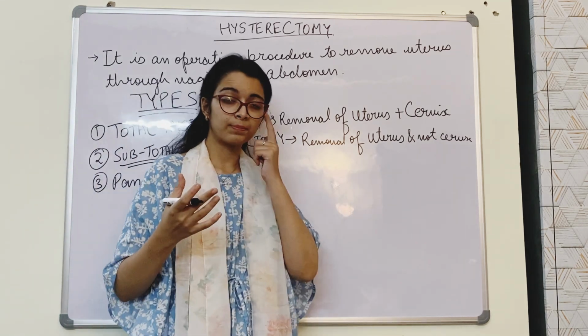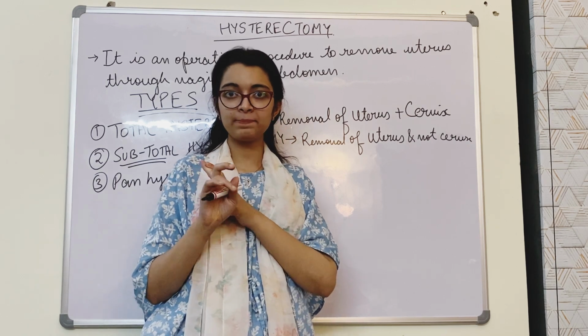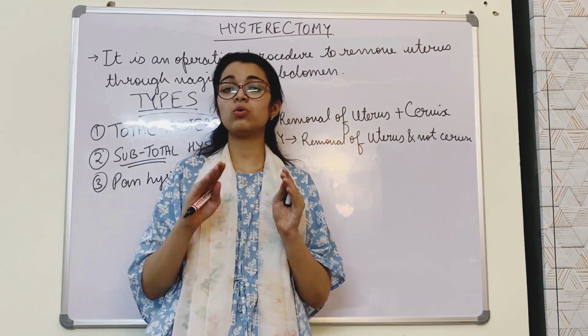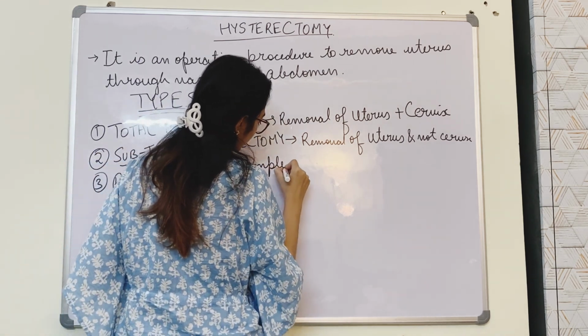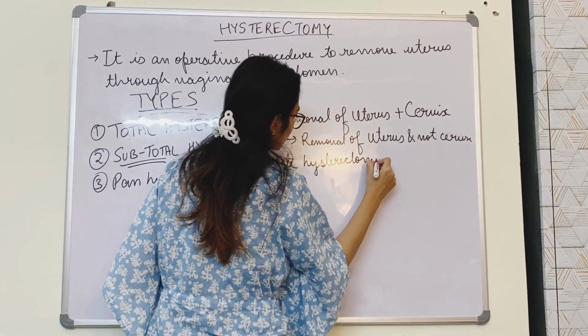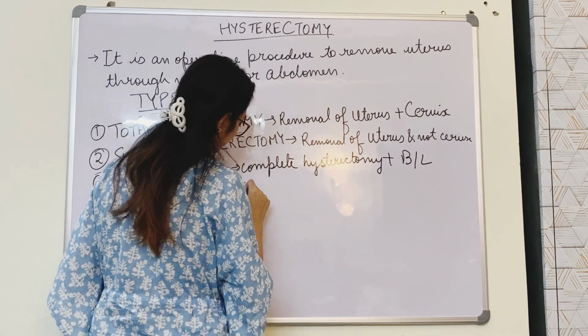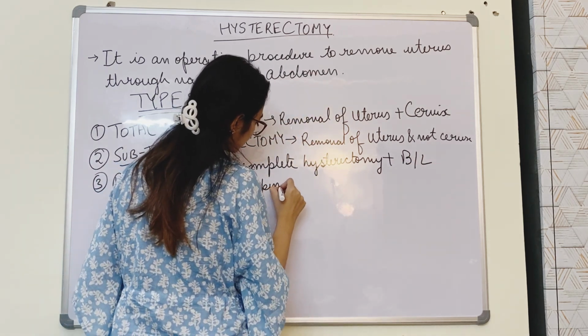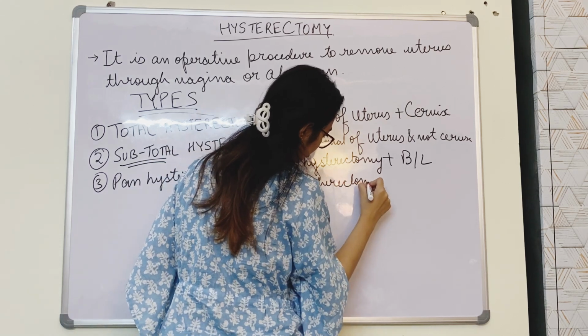Now let's move towards the third type, panhysterectomy. So what does panhysterectomy include? Panhysterectomy includes the total hysterectomy plus the bilateral salpingo-oophorectomy. So panhysterectomy includes complete hysterectomy plus bilateral salpingo-oophorectomy.